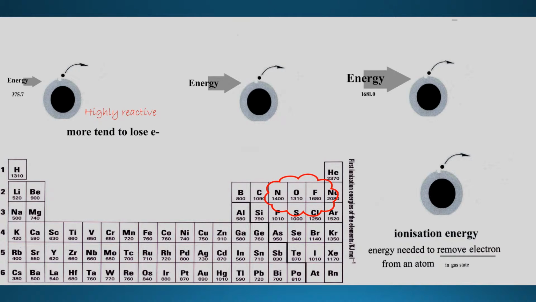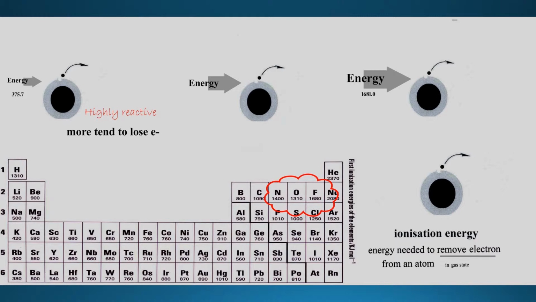When you go to the top right corner group, you see that the temperature is even much higher. It goes up to 1600 degrees, almost 2000 degrees, 2000 kilojoules. That means if you want this atom to lose the electron, yes, they can do it, but not easily.